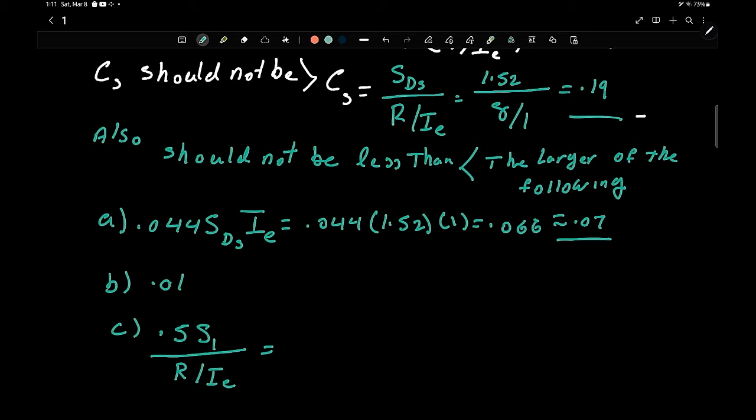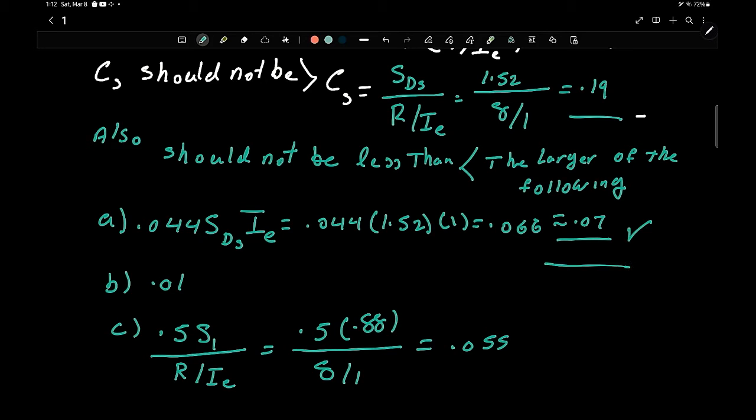So C is 0.5 times S1, S1 came out to be 0.88, and divide that by 8 by 1.